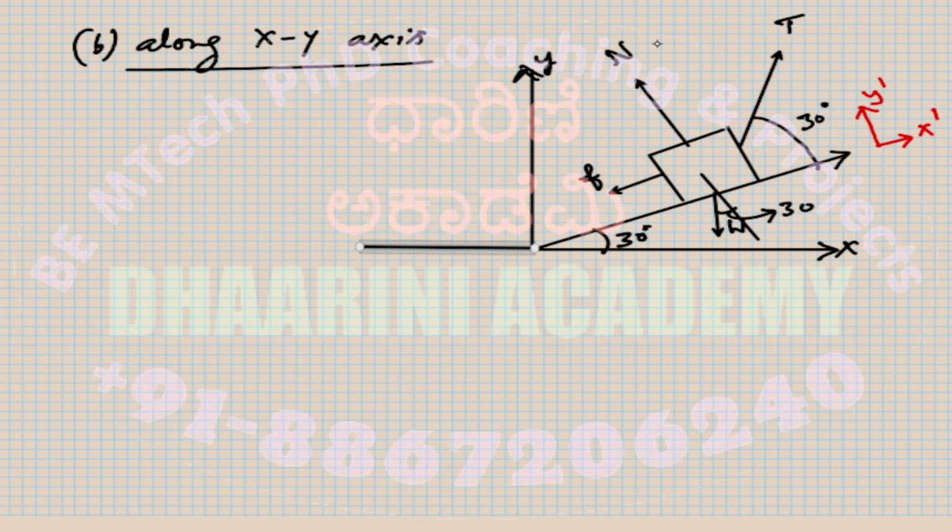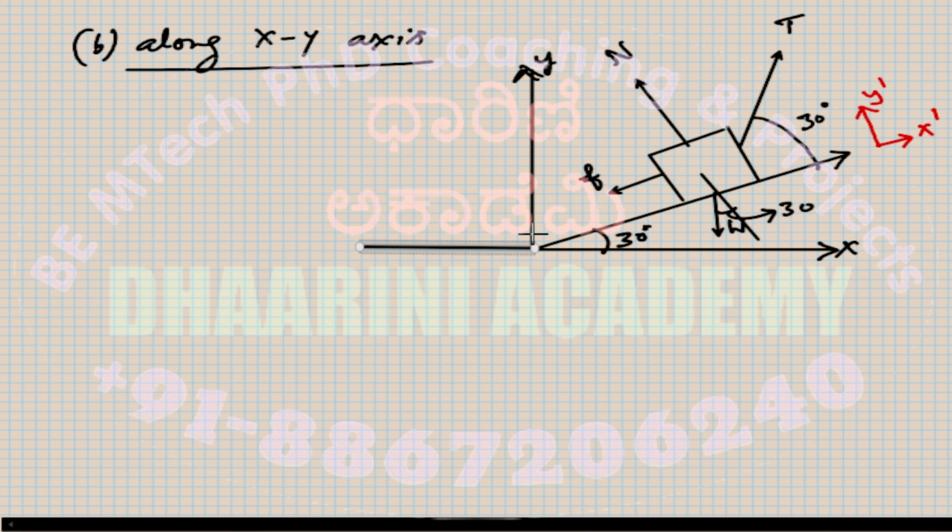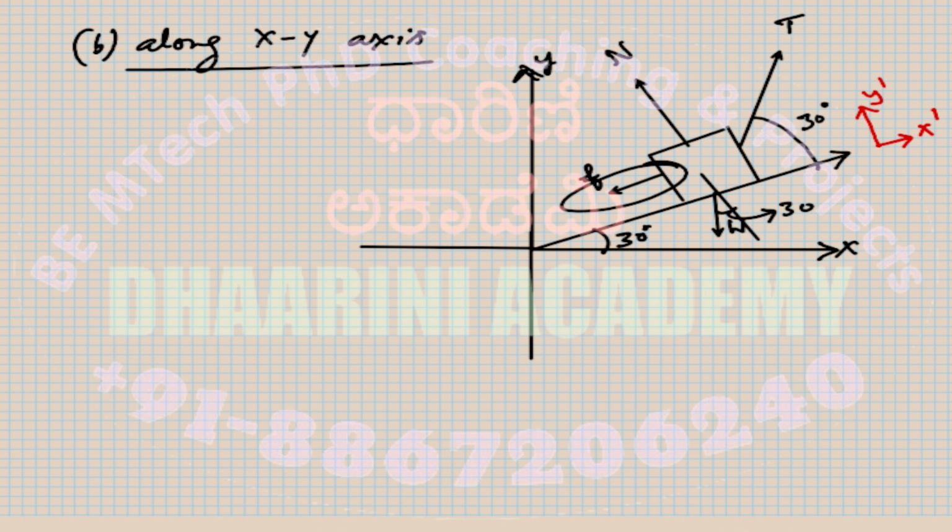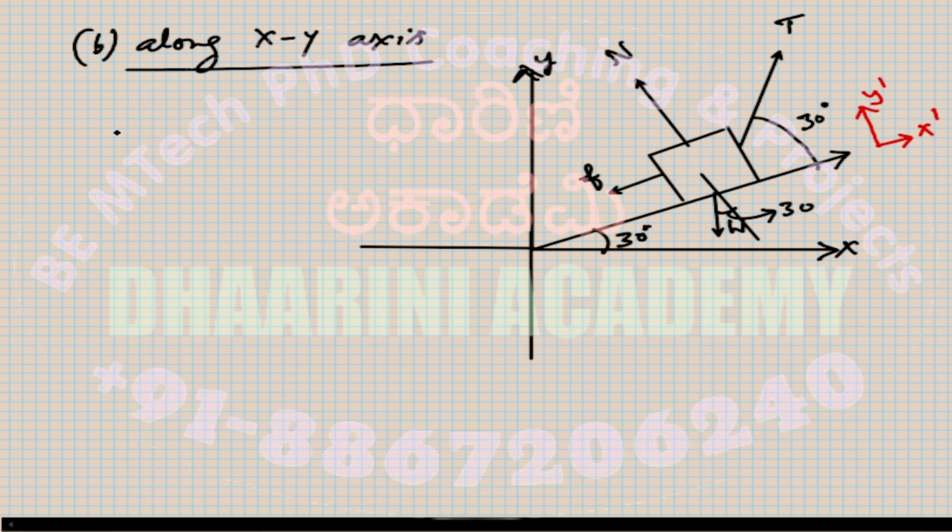So if you try to plot F like this, that actually if I extend that over here, this is in the 3rd quadrant, correct? So because of that, now it's very clear that the force is in the 3rd quadrant. So the F along x axis is nothing but, see, it makes 30 degrees with respect to x axis.